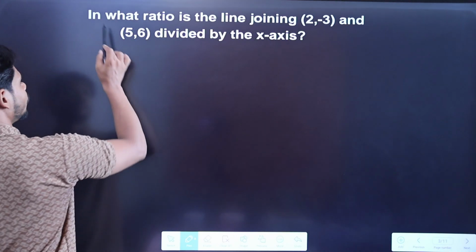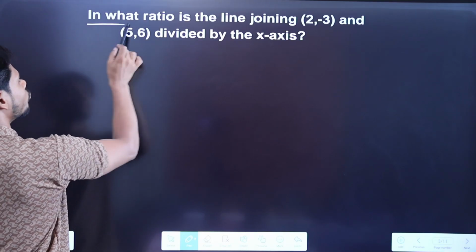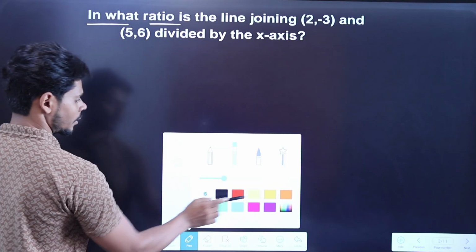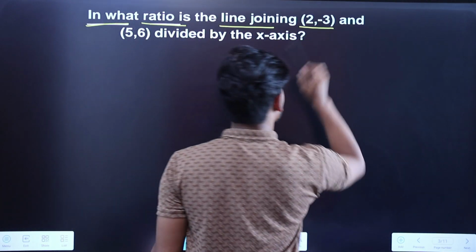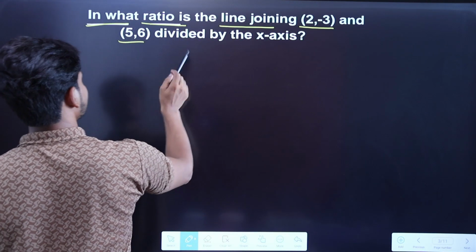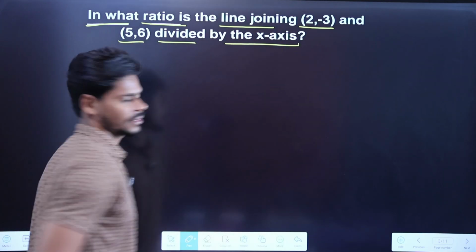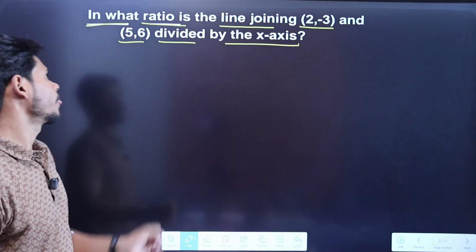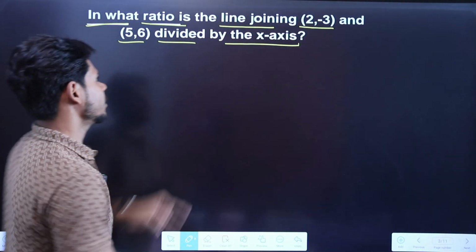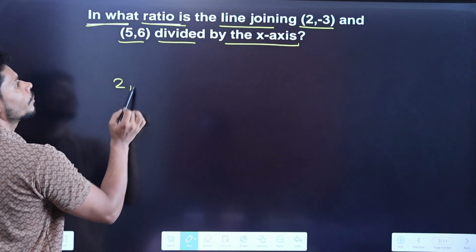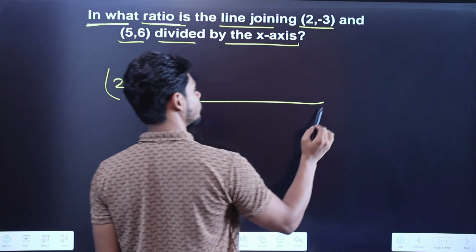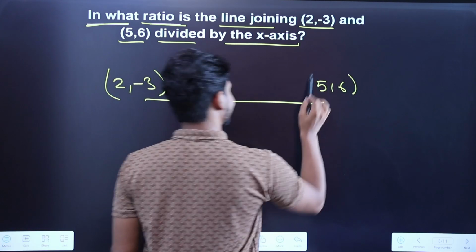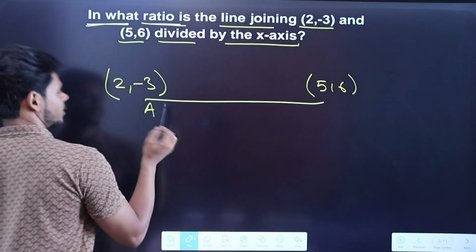The question is saying: in what ratio is the line joining 2 comma minus 3 and 5 comma 6 divided by the x-axis. First, make the line joining these points: 2 comma minus 3 and 5 comma 6. Let's say the name of this line is AB.